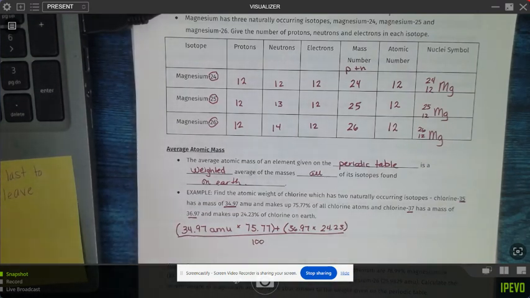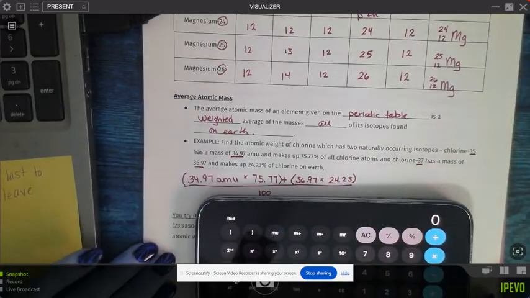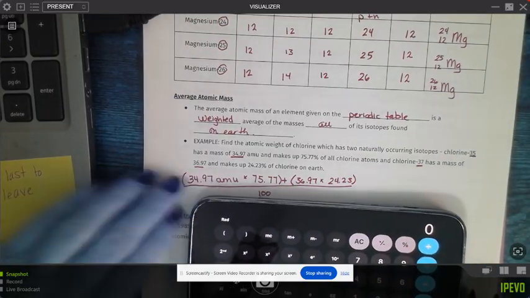Okay, so I'm going to use my phone as my calculator. All right, so the way that I plug this into my calculator is I use parentheses.